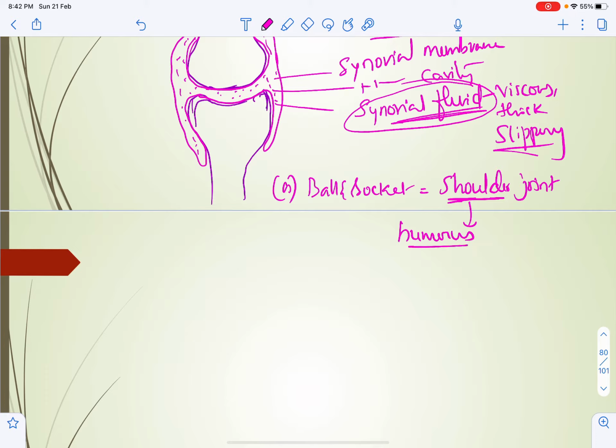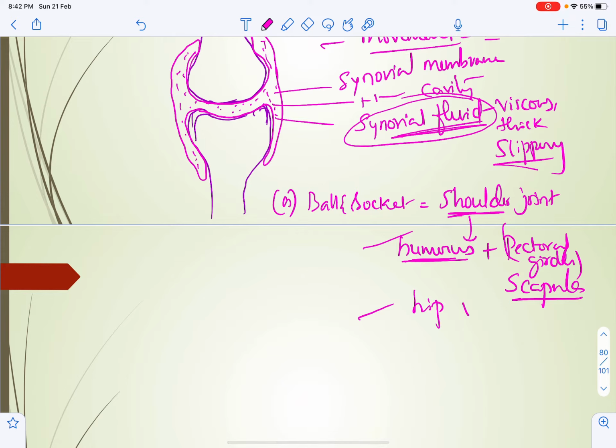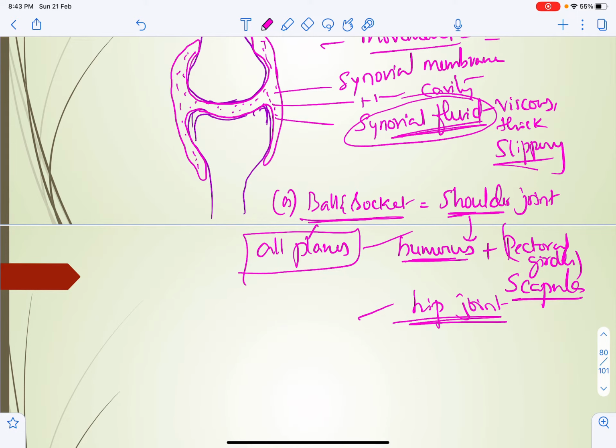As we all know, the bone of the upper arm is called the humerus, which attaches with the glenoid cavity of the pectoral girdle bone, that is, the scapula. Likewise, the hip joint is also an example of ball and socket. Movement will be there in all planes. So this is a thing you have to keep in mind.